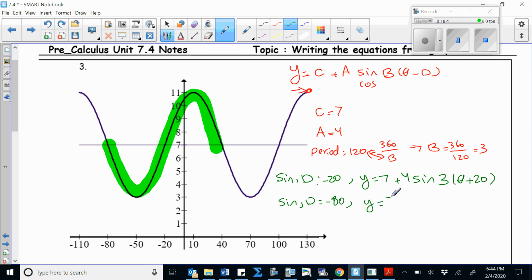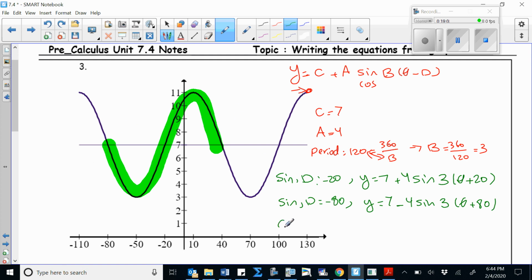And Y will be equal to 7 minus, sorry, I keep forgetting to write a negative here. 7 minus 4 sine of 3 theta minus negative 80, which is plus 80. So I wrote a negative here because the sine graph was flipped.